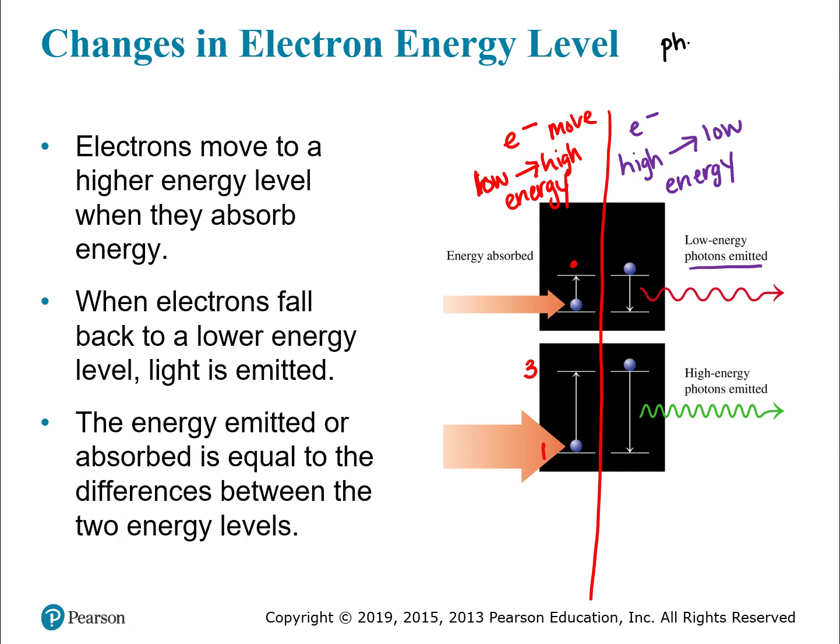A photon is just a particle of light. So those emission line spectra we were talking about just a slide ago, that's what we're talking about. This is what you would see on an emission line spectrum.